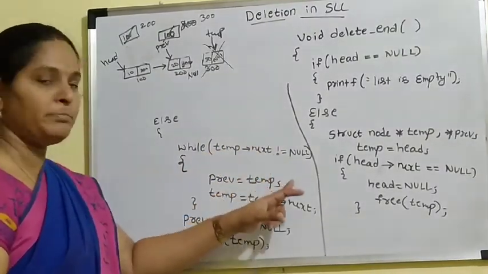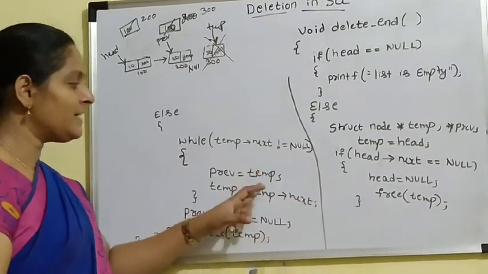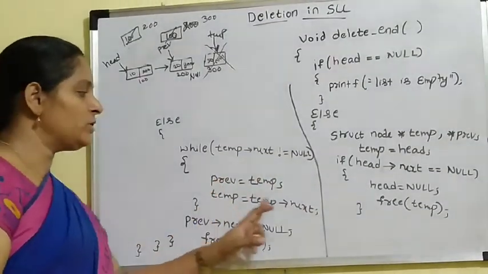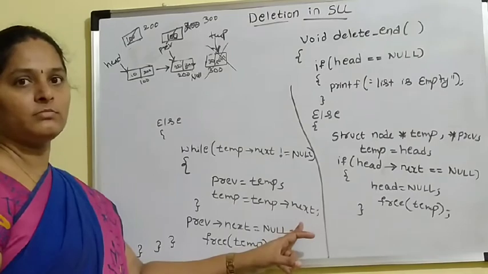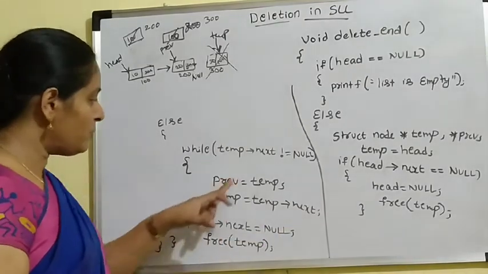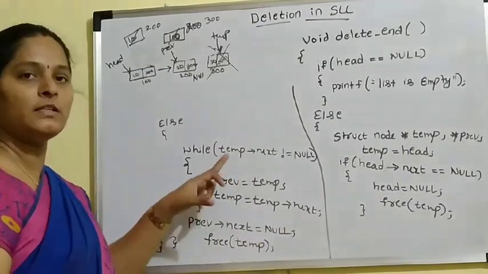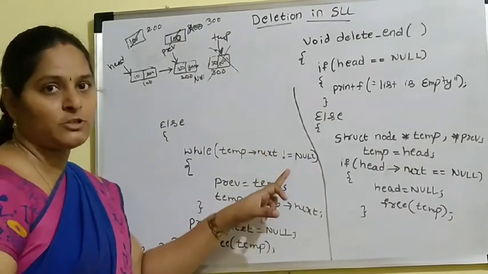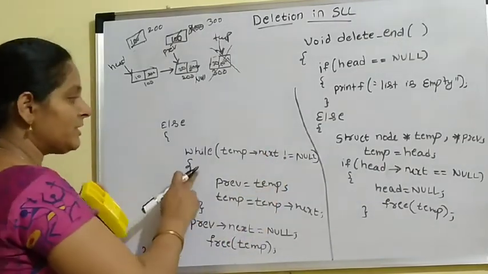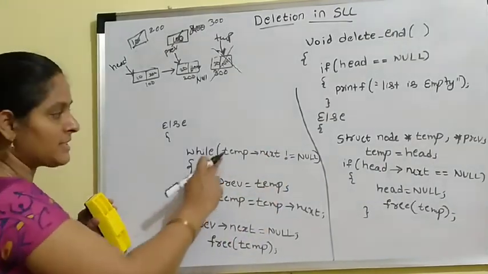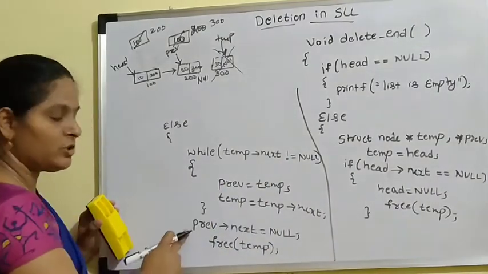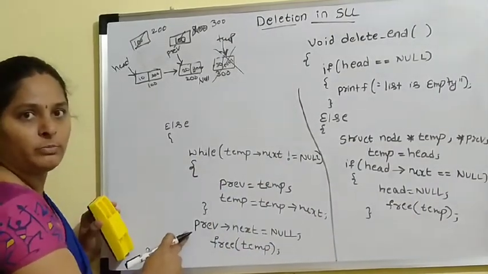Before moving temp to the next position, assign the temp address to previous, then move temp to the next position. This loop will continue until the temp pointer reaches the last position. Whenever your temp pointer reaches the last position, this condition will fail, and then we come out of the while loop.